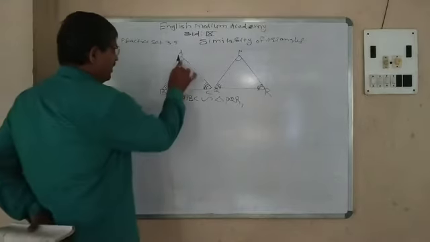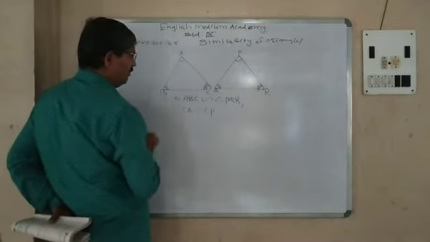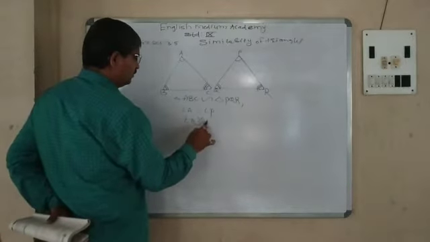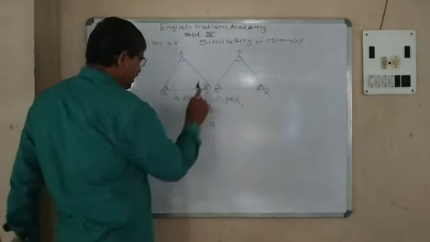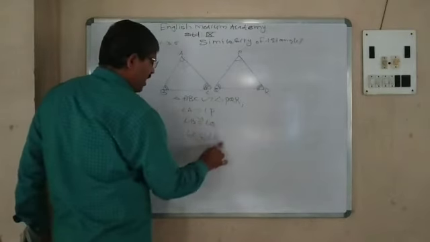Angle A is equal to angle P, angle B is equal to angle Q, and angle C is equal to angle R.